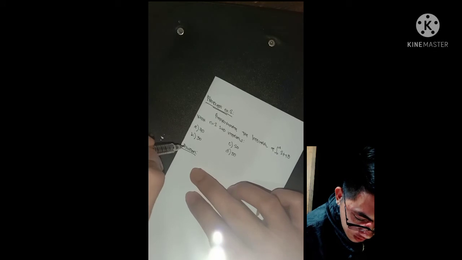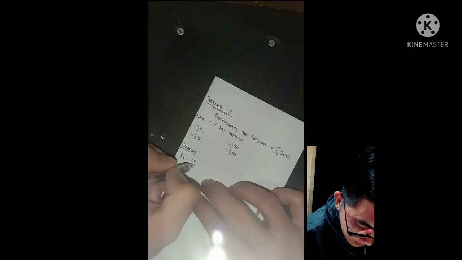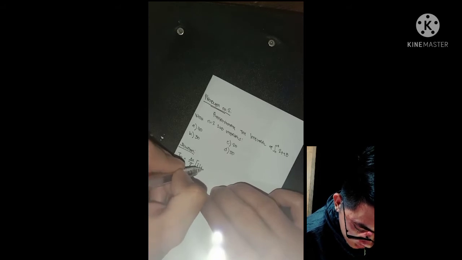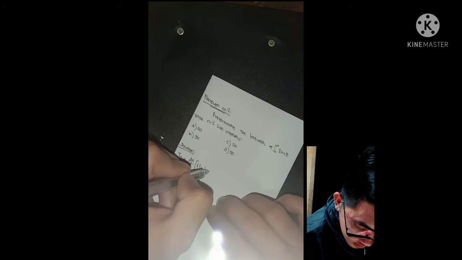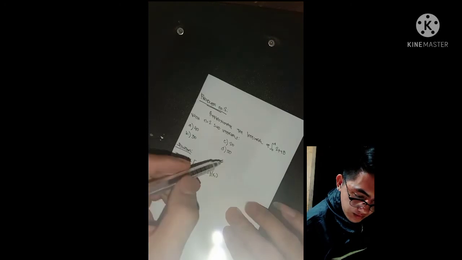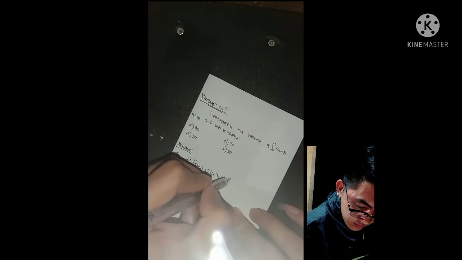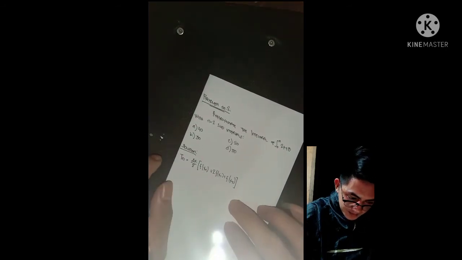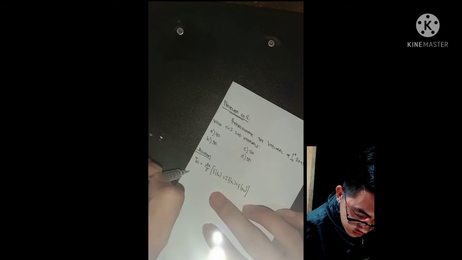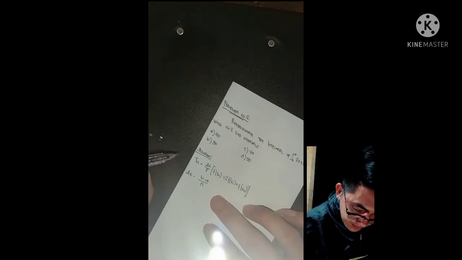our formula in the trapezoidal rule is Tn equals the width of the interval over 2 times the function of x sub 0 plus 2 times the function of x1 plus the function of x2. For the width of the interval, it is equal to b minus a all over n.